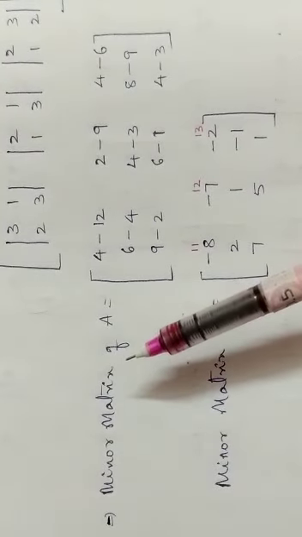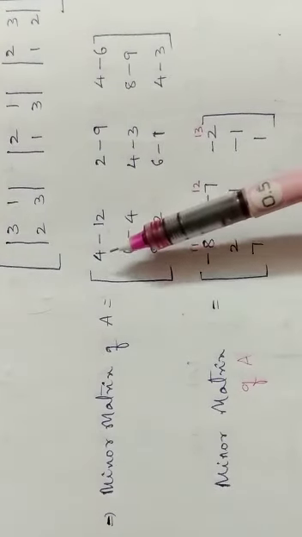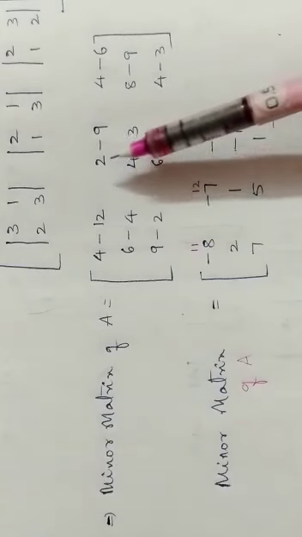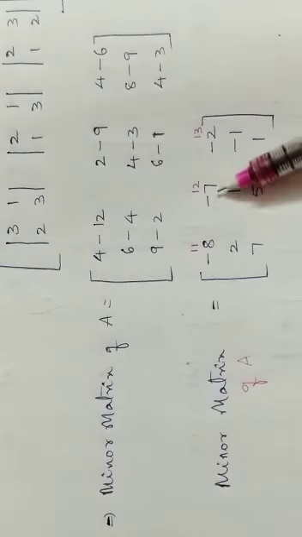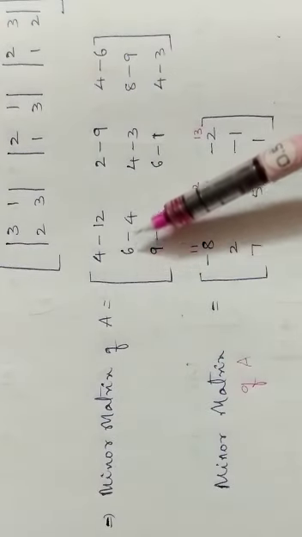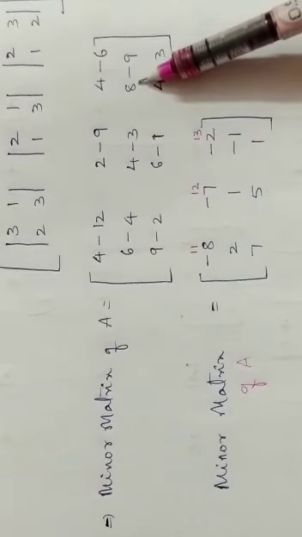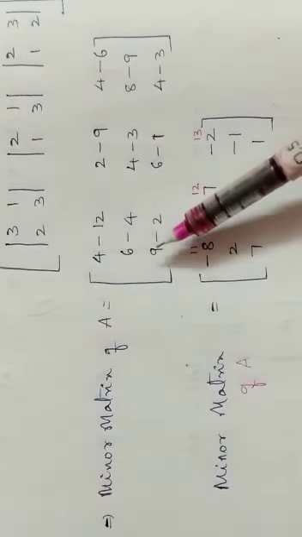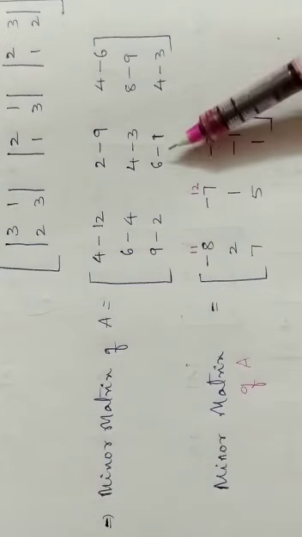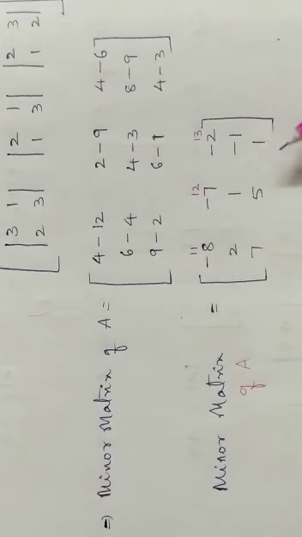Minor matrix of A. Simplification: 4 minus 12 is minus 8, 2 minus 9 is minus 7, 4 minus 6 is minus 2, 6 minus 4 is 2, 4 minus 3 is 1, 8 minus 9 is minus 1, 9 minus 2 is 7, 6 minus 1 is 5, 4 minus 3 is 1.